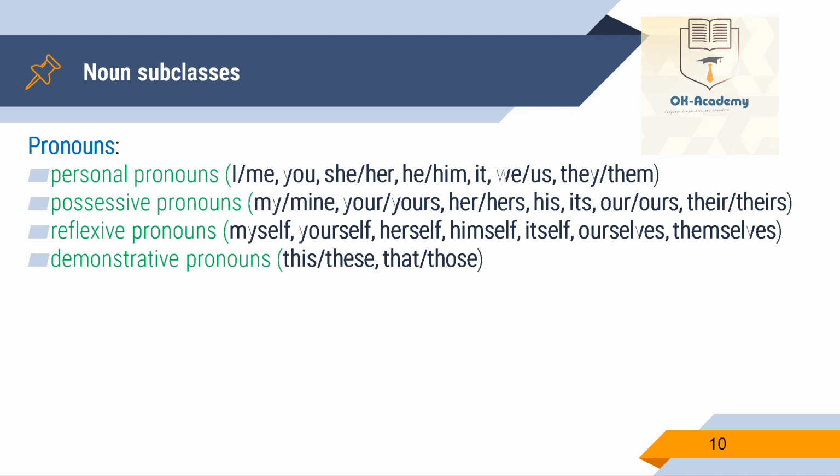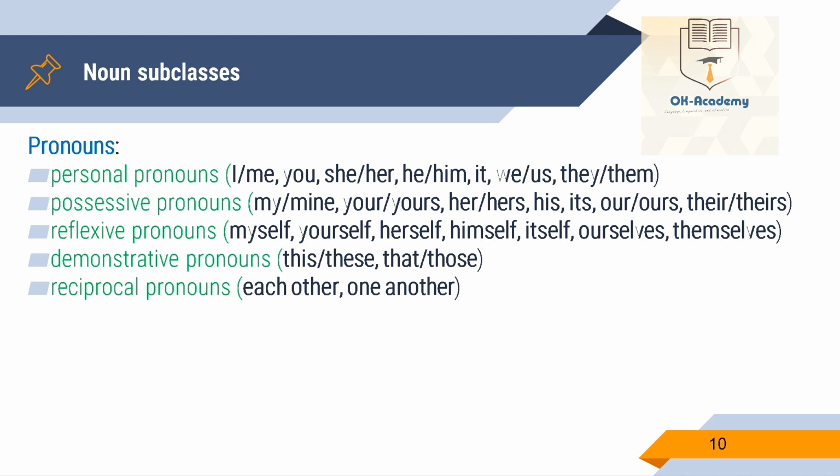And then we have demonstrative pronouns when you want to point at something or things, like this, these, that, those. We have reciprocal pronouns, each other, one another, when two things impact on each other. What is the difference between each other and one another? We use each other when we talk about two things, like Ahmed and Sarah talk to each other.